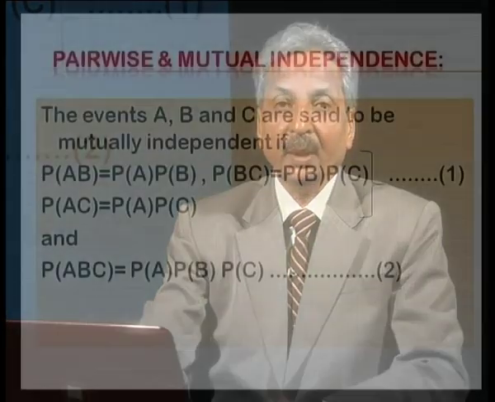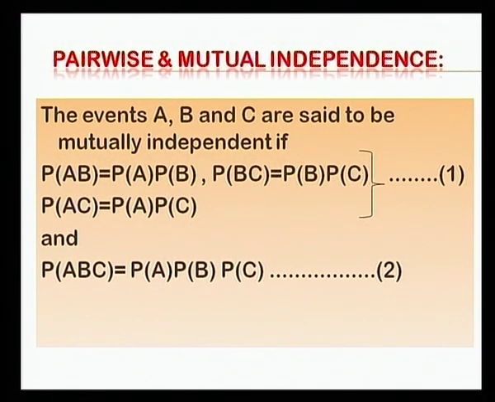Now, let us talk about the pairwise and mutual independence of events. When we have more than two events, for example three events A, B and C, then they are said to be mutually independent if the conditions given in 1 and 2 are satisfied.